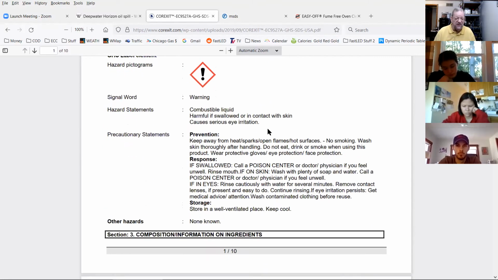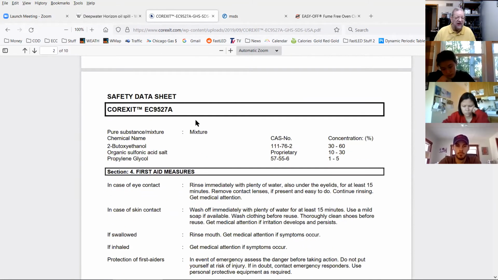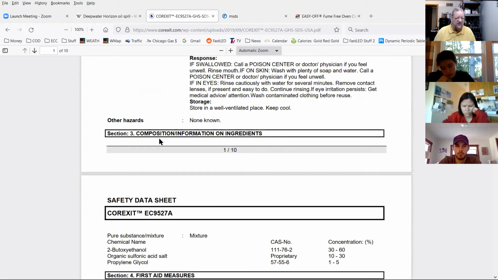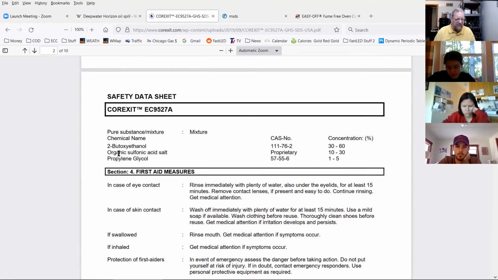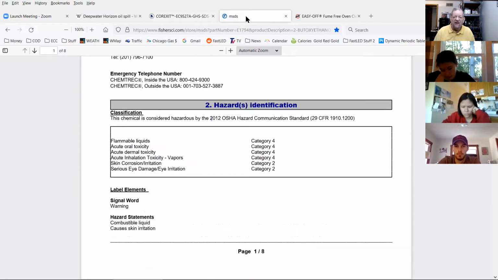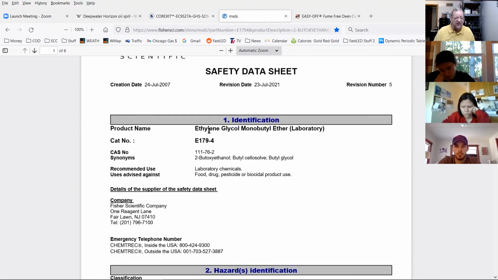Usually there's a section showing composition, if it's not a pure substance. And notice here, you have 2-butoxyethanol, 30 to 60%, which means most of this product is 2-butoxyethanol.